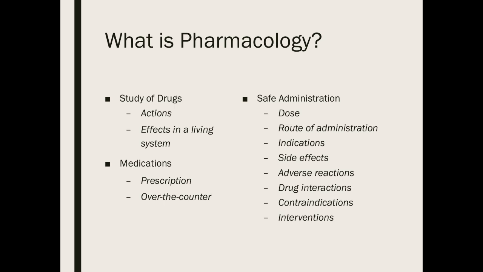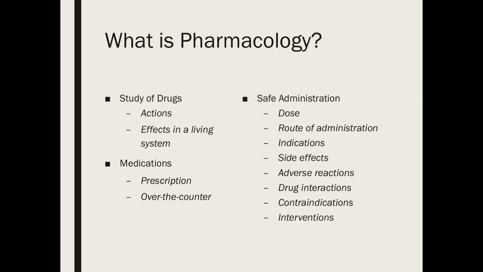So we give two medications together. There are some interactions that we need to be careful of, and then contraindications. These are circumstances in which maybe the medication is indicated, but there's this contraindication present, and we can't give it because of this contraindication.